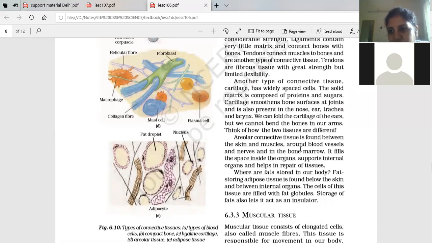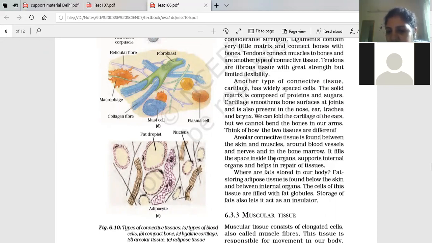Bone marrow is a part of the bone. Outside the bone is hard, inside it is spongy, and inside that the bone marrow is present. Not all bones have bone marrow, but some do. These are the parts of the bone which produce different blood cells.